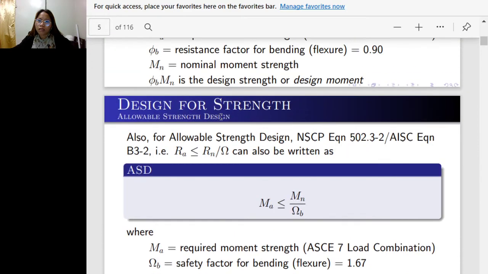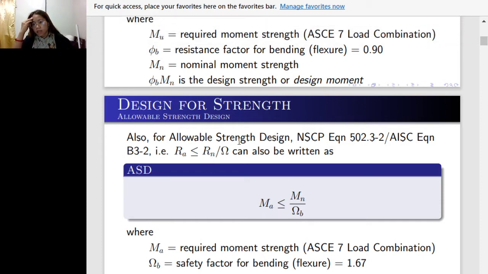For allowable strength design, ASD, in NSCP equation 502.3-2 or AISC equation B3-2, the applied loads for ASD should be less than or equal to the nominal strength divided by the factor of safety.